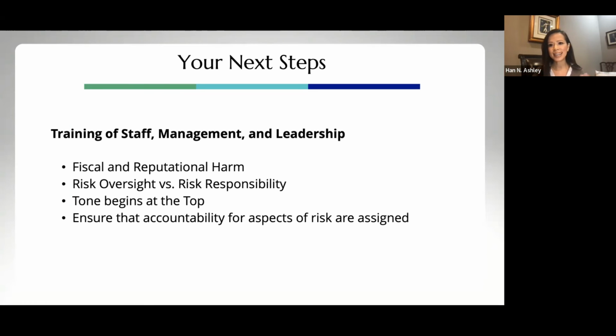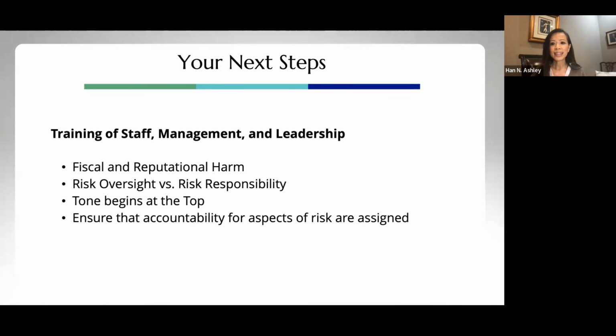And as Michaela shared with us earlier on in this presentation, these breaches cause fiscal and reputational harm. And we see oftentimes that risk oversight is pushed off to the CEO and the workforce members. But in reality, fiscal oversight is the board's responsibility, and risk responsibility is the CEO, the workforce members, the managers, everybody.